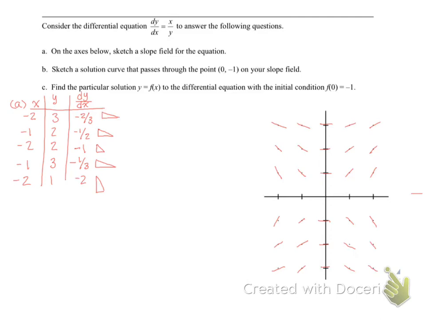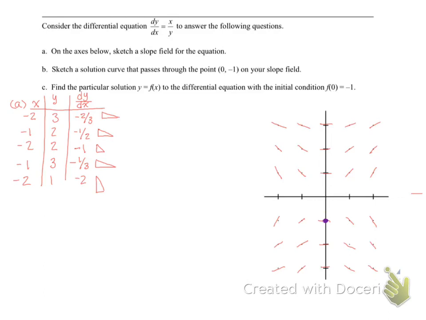Part B says sketch a solution curve that passes through the point (0, -1). If I look on this slope field at (0, -1), I'm starting right about there. Whenever you're sketching slope fields, try to go in between the lines.